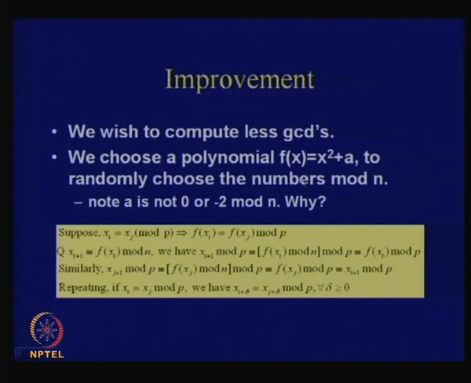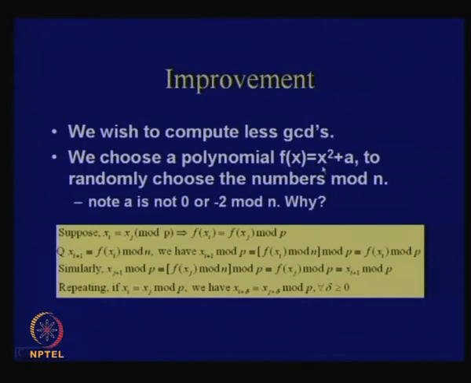Okay. Note that there are some restrictions here: a cannot be equal to 0 or minus 2 modulo n. Why? Because if f(x) equals x square only, then there is a problem. What is the problem? There can be some fixed points. For example, if I choose x equal to 0, then it gets stuck at 0. Similarly, if you choose x equal to 1, it is still stuck at 1. And if a is minus 2, then there is another stuck point, minus 1.